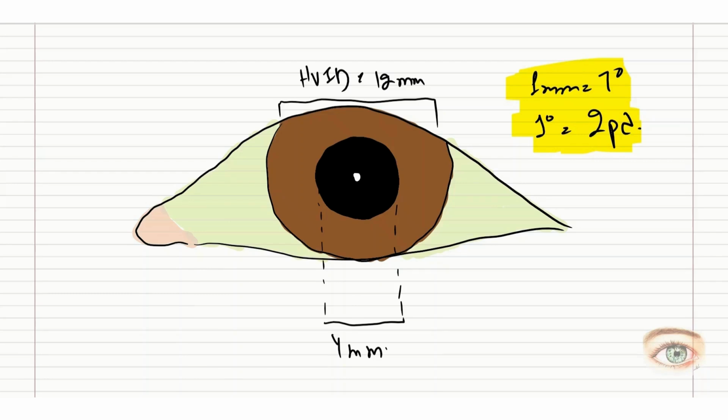So this is 0 and this is 1 millimeter. This is 2 millimeters. As you can see, 2 millimeters over right here and 2 millimeters over right here. This makes a total of 4 millimeters, right?